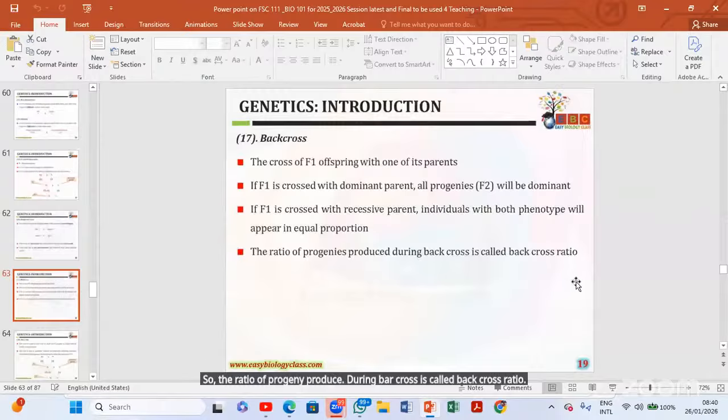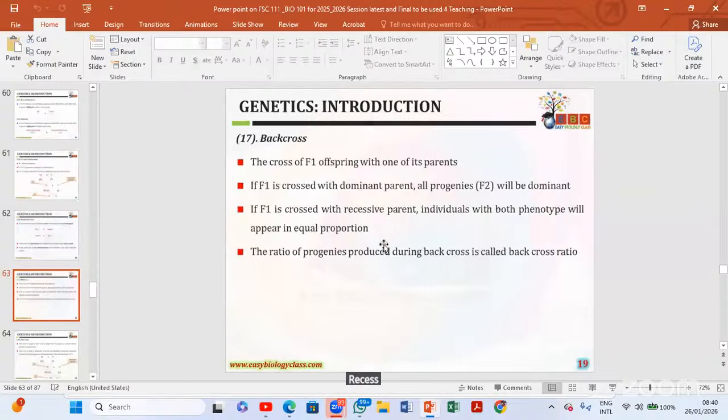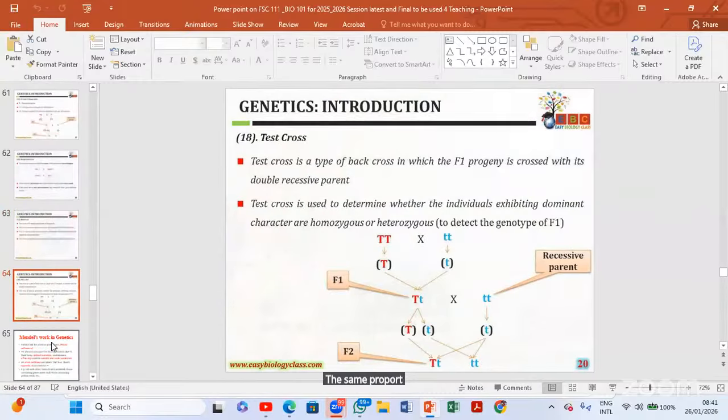Like I've said, ratio 1:1 when it is crossed with the recessive parent. But when it is done with the dominant parent, every one of the F2 is dominant, so we may not have the ratio in the same proportion because one will be missing.